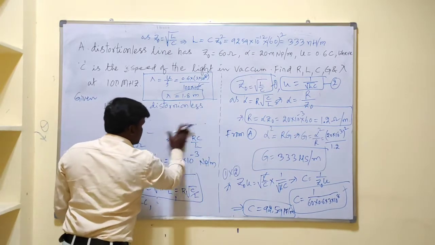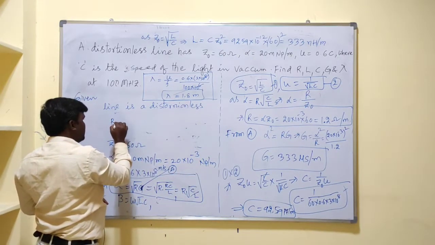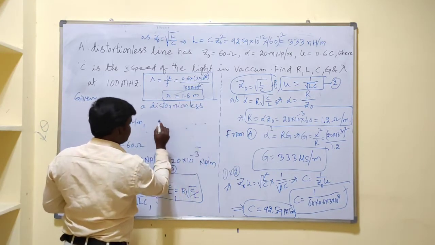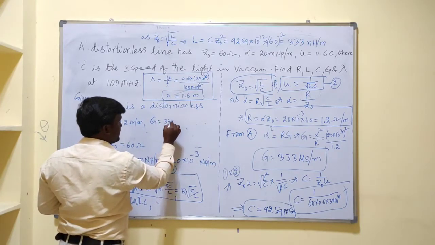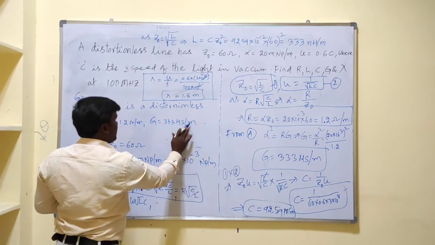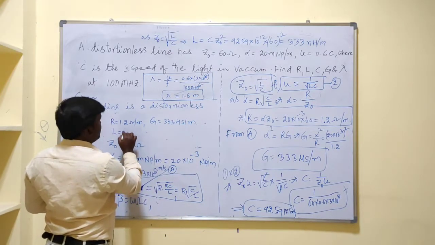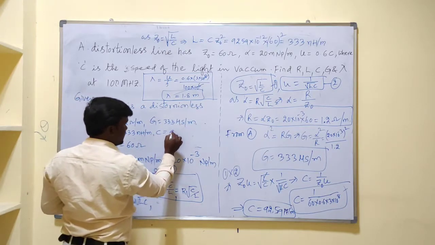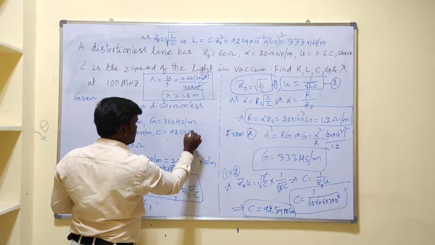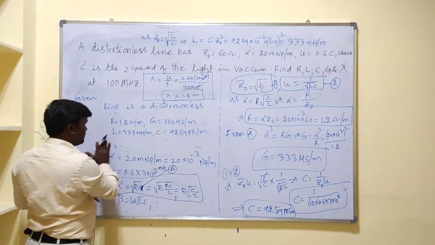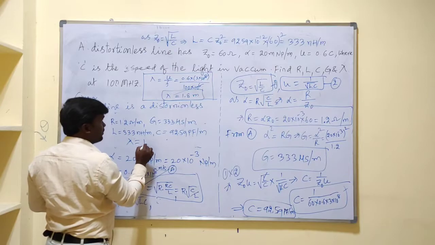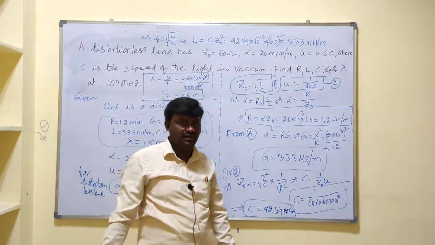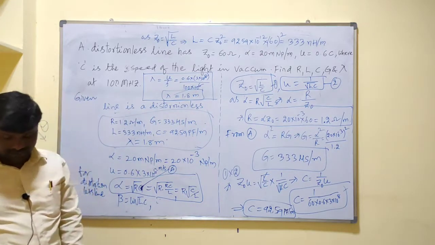I will write all these values here: R equal to 1.2 ohm per meter, G equal to 333 micro Siemens per meter, L equal to 333 nano henry per meter, C equal to 92.59 picofarad per meter, and lambda is 1.8 meters. So these are the required values. R, L, C, G are known as primary parameters of the line.